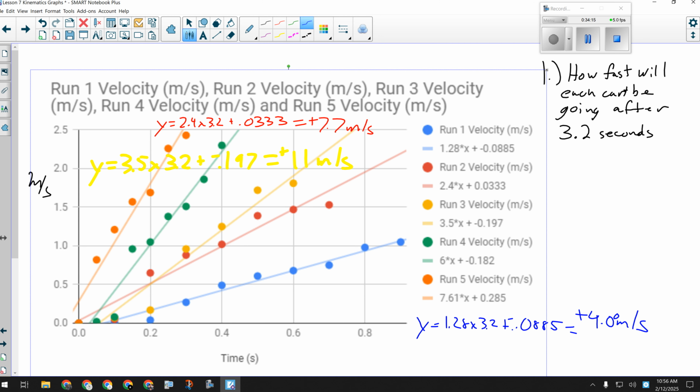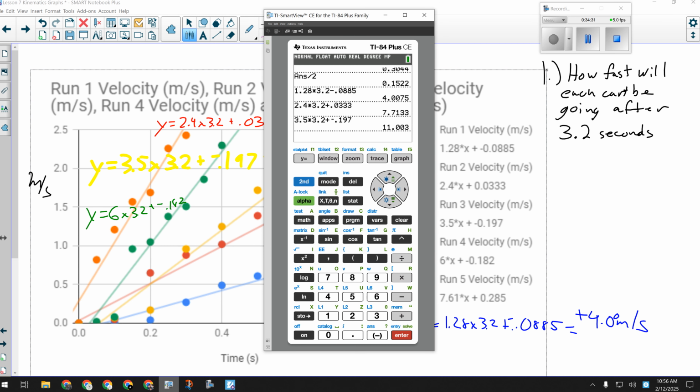If we're looking at the green line, the green cart, y is going to equal 6 times 3.2 plus negative 0.182. So 19.